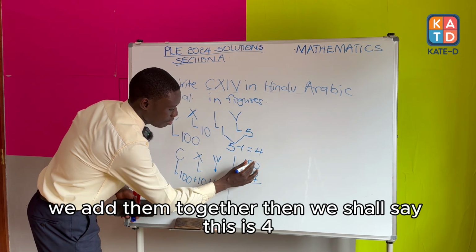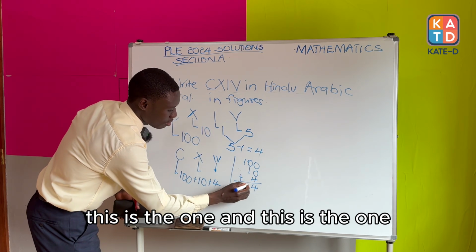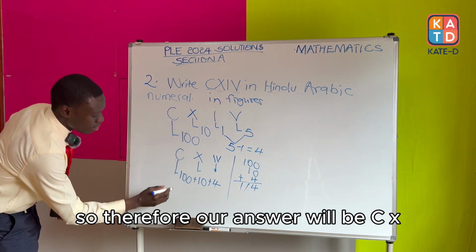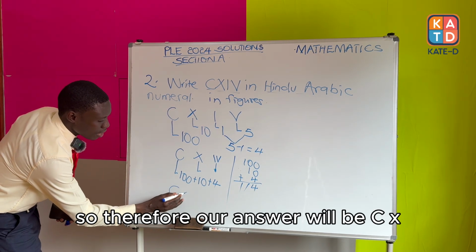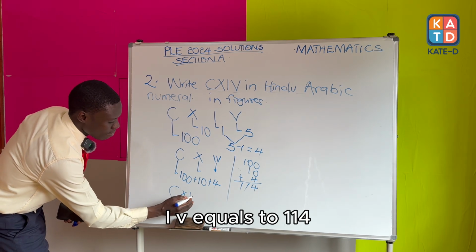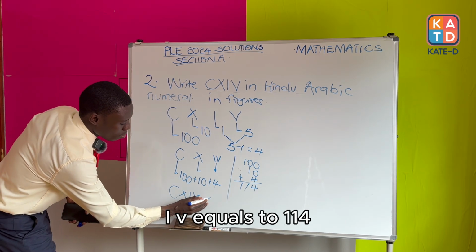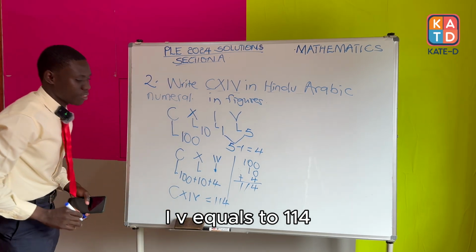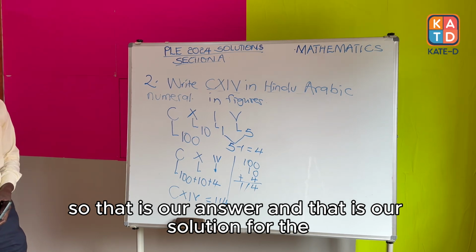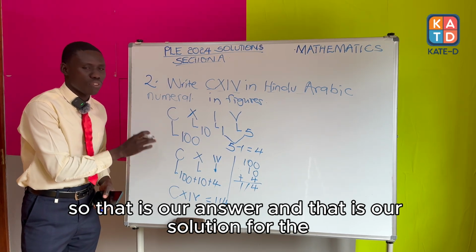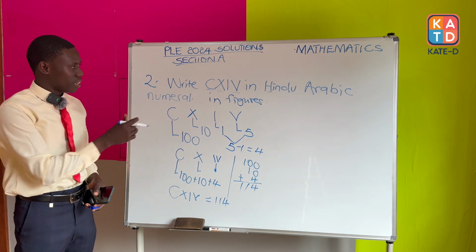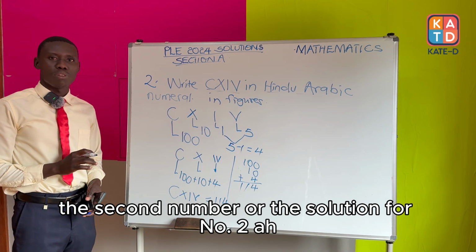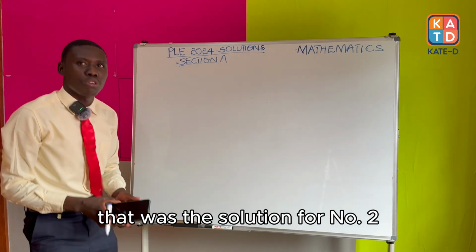So our answer is CXIV equals 114. That is our solution for number 2.